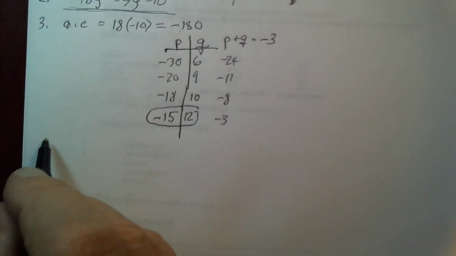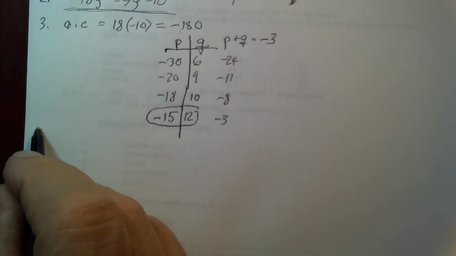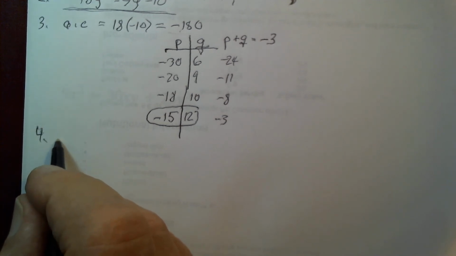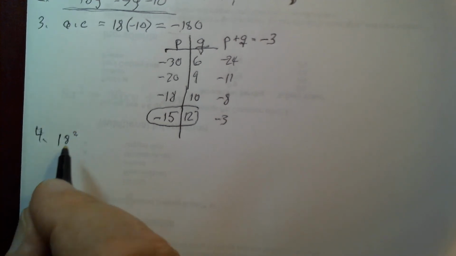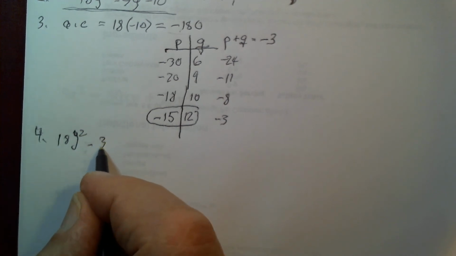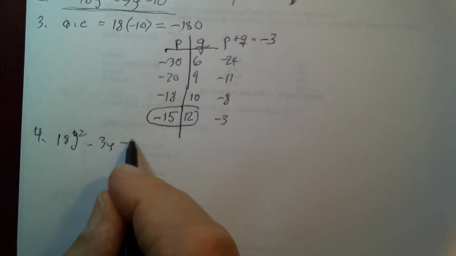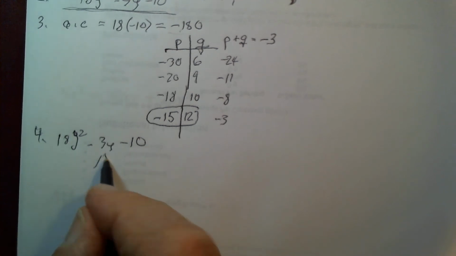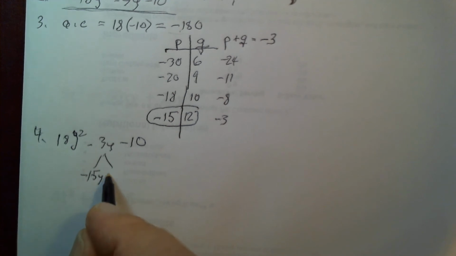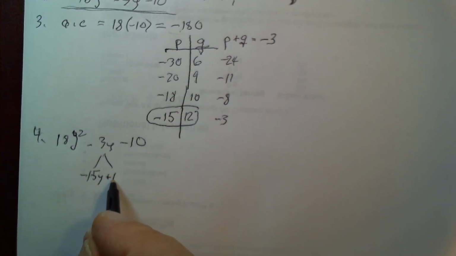So here it is, the trinomial, step 4: 18y squared minus 3y minus 10. You're going to rewrite the middle term as minus 15y plus 12y.